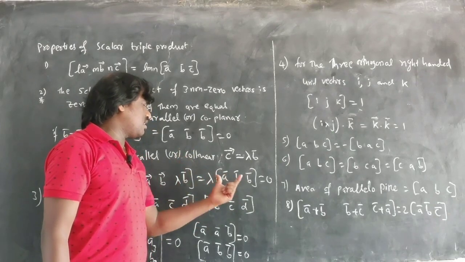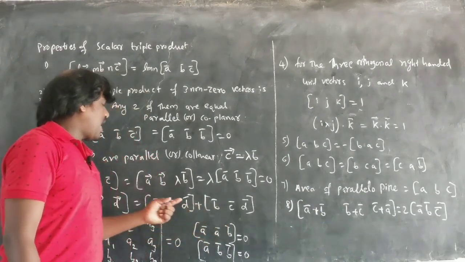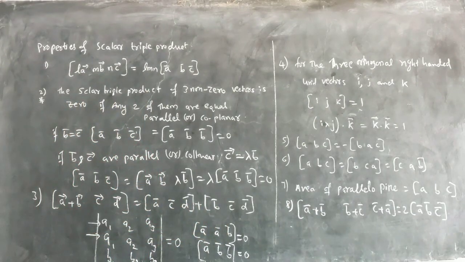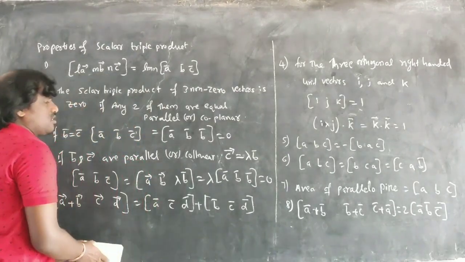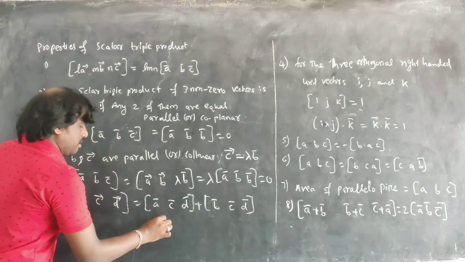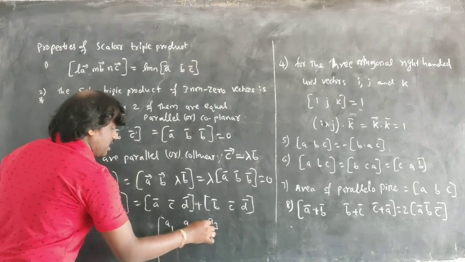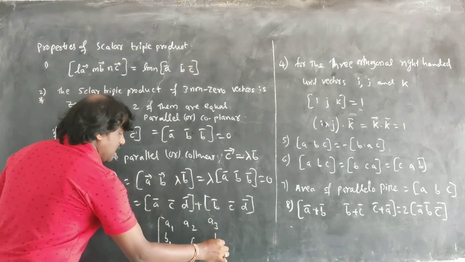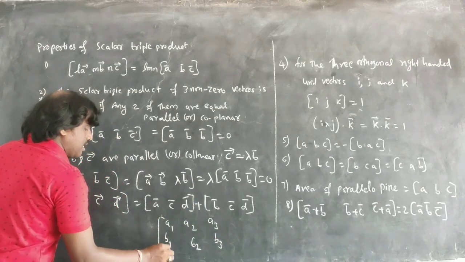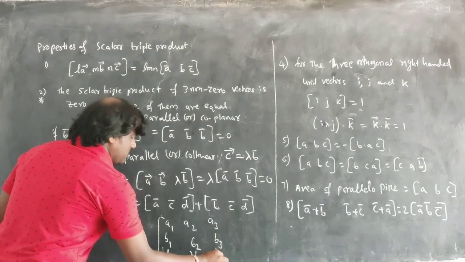I am talking in the sense of determinants. Suppose you have A1, A2, A3, then B1, B2, B3, and then lambda times B1, lambda times B2, lambda times B3.